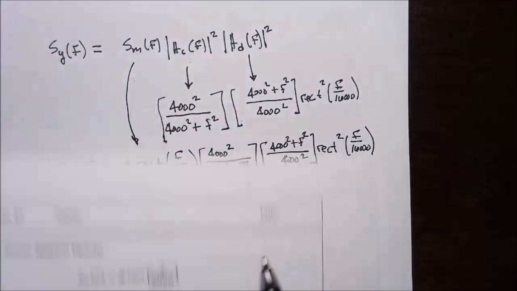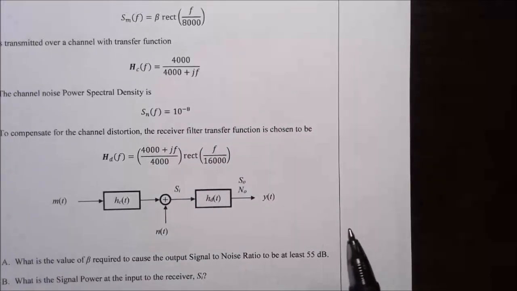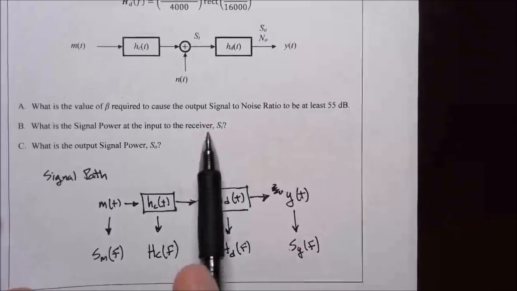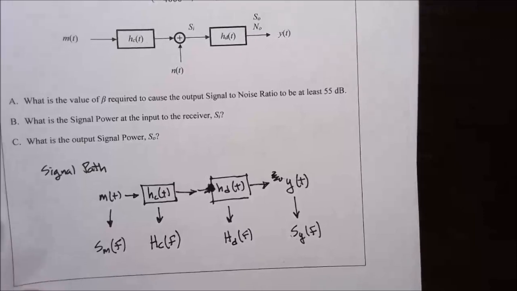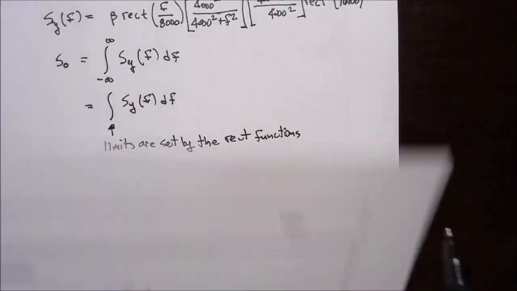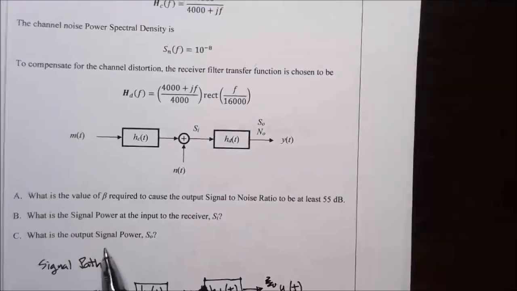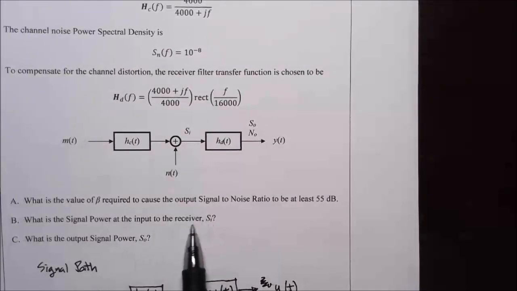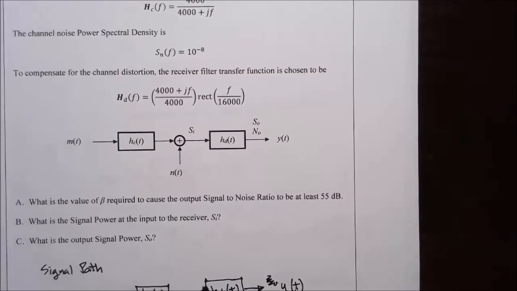You integrate, and then you will find the total power at the input. And in this process, you also have to find the total power at the output. So you'll work for that using this value of beta. You can calculate those two values.